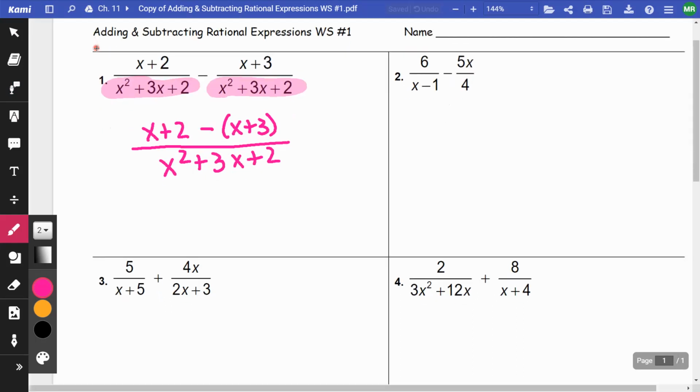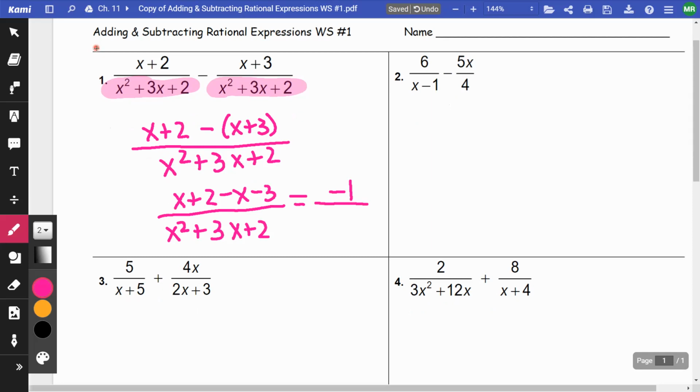So I am going to have x plus 2 minus x minus 3 over x squared plus 3x plus 2. I'm going to clean that up on top to a negative 1 over x squared plus 3x plus 2. And the bottom is factorable, but it doesn't matter because I can't clean it up at all.